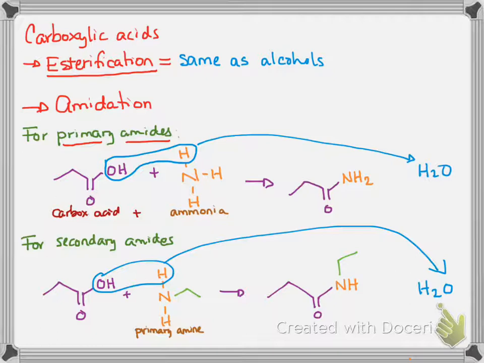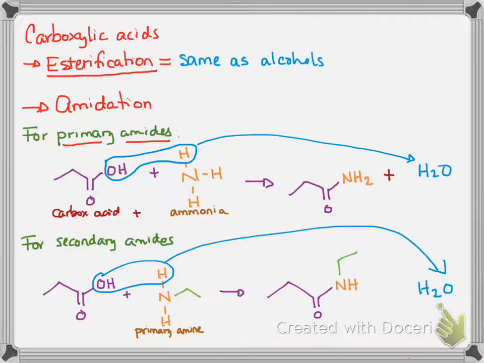Ammonia is NH3, and the result will be the primary amide and the water molecule that formed from the condensation reaction. In the 3 amidation reactions, a water molecule is released. The hydroxyl group from the acid goes out with one of the hydrogens from the amine or ammonia. They will form a water molecule, and the 2 remaining pieces will get together to form the amide.